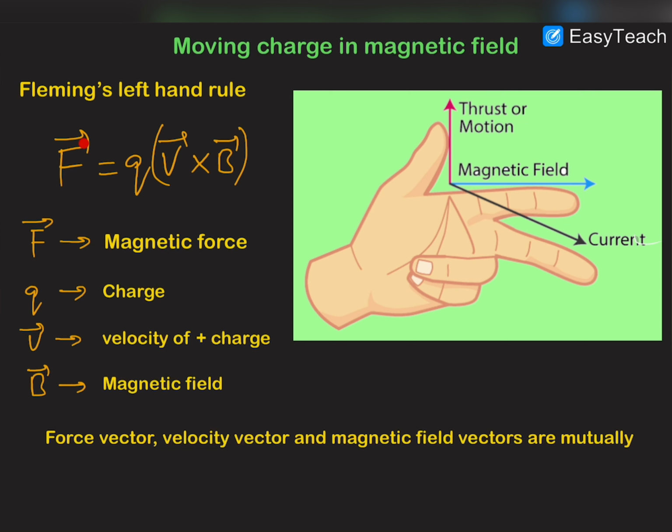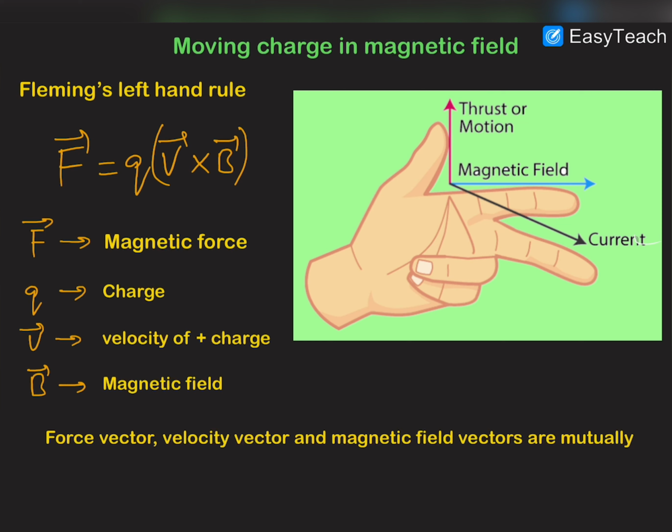So the direction of F would be perpendicular to V cross B, which means that F is perpendicular to both V and B. V and B may or may not be perpendicular, but when we apply Fleming's left hand rule, in this case the fingers are mutually perpendicular to each other.